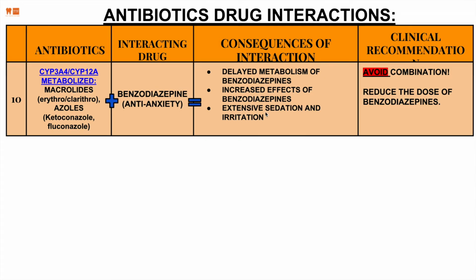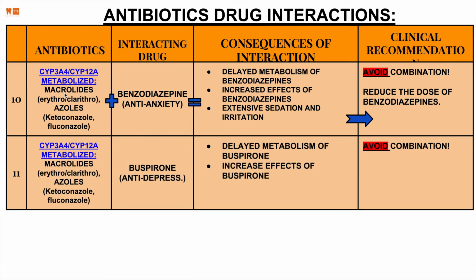That will lead to extensive sedation and irritation. Therefore, we avoid this combination at all costs, and we would have to reduce the dose of benzodiazepines if we must use them. Now, this category of the drugs with the liver enzymes will be a lot. So whenever we mix all of these with different types of drugs, we will have a very common pattern. So we'll notice that in just a second.